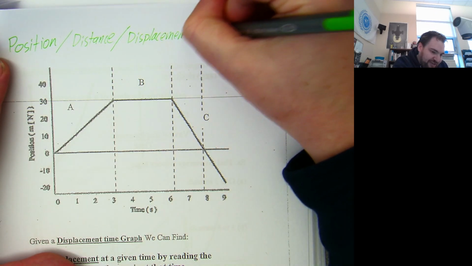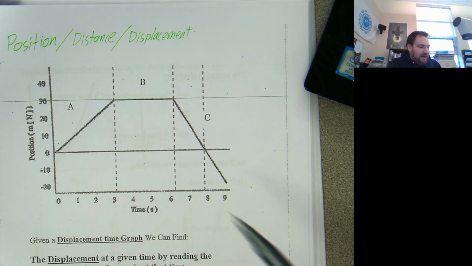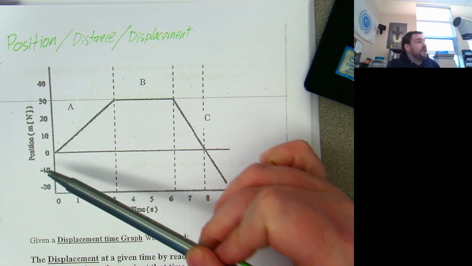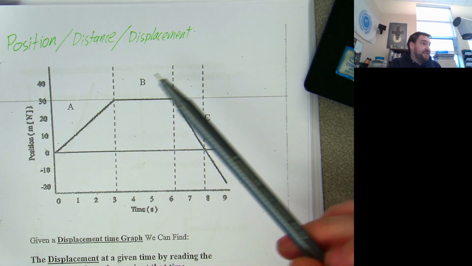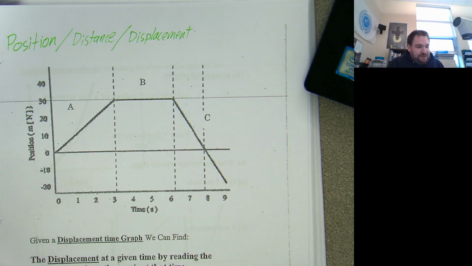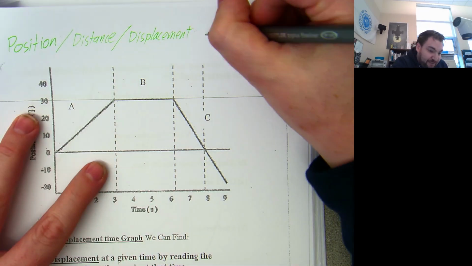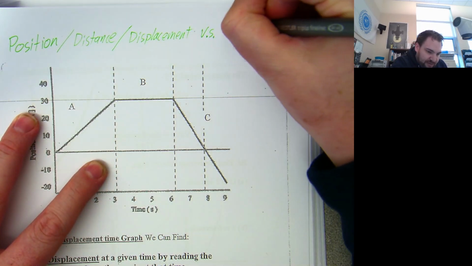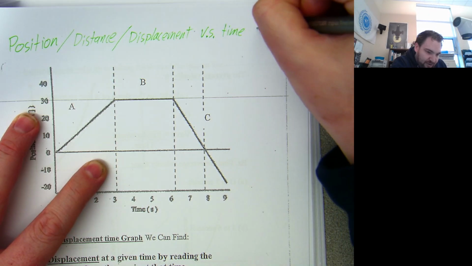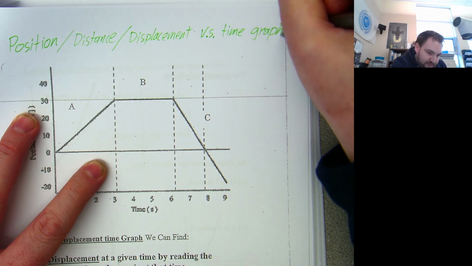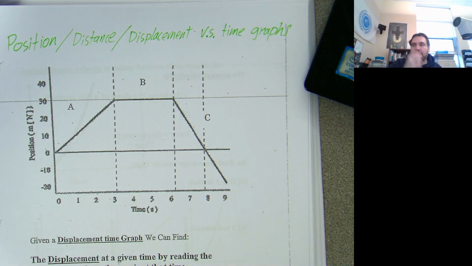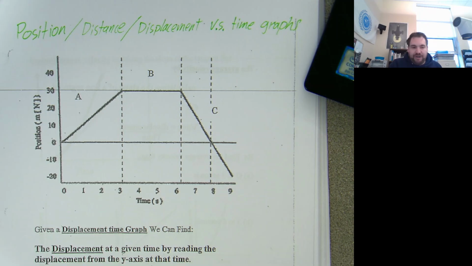The titles are not interchangeable. It's whatever's labeled here on the side. But we treat them all the same way, and they have very similar properties. What we're going to look at now is position, distance, or displacement versus time graphs. A rather useful tool.